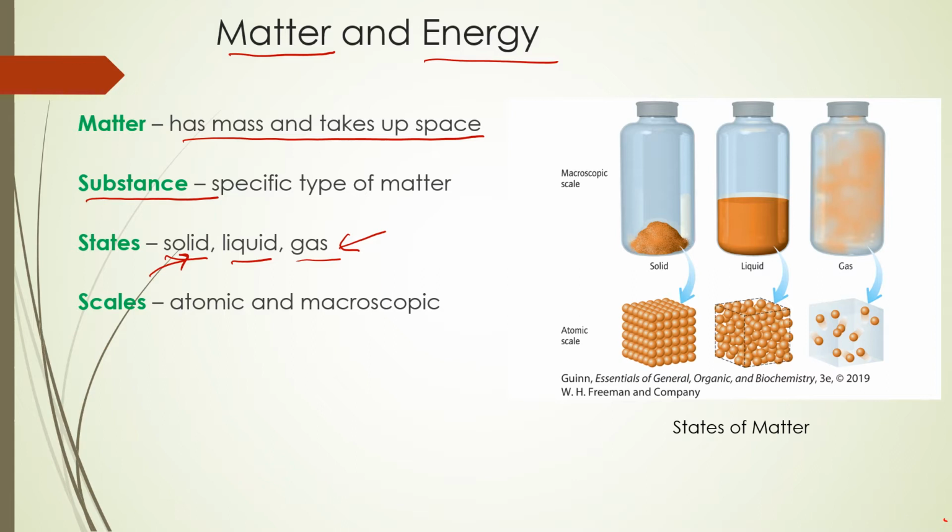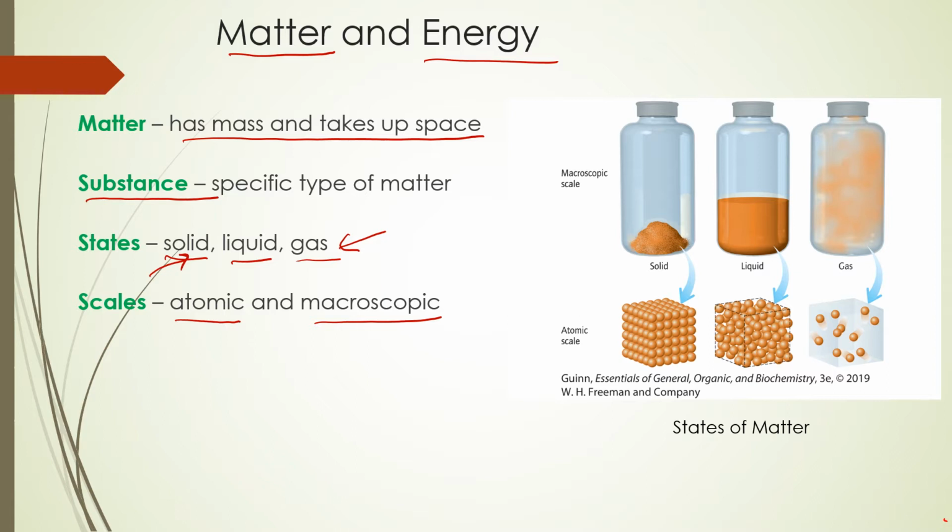In chemistry, we study matter and changes in matter at the atomic scale, that is, the scale which we cannot see. The better understanding of matter at atomic scale helps us to understand all the changes happening at macroscopic scale. Now, macroscopic scale is the scale which we can see.